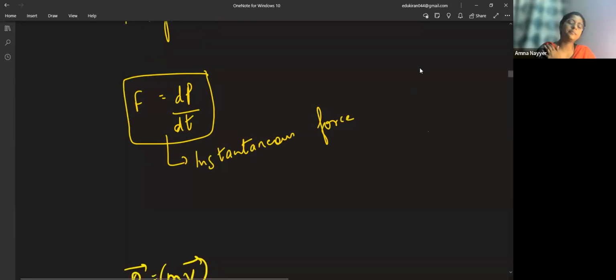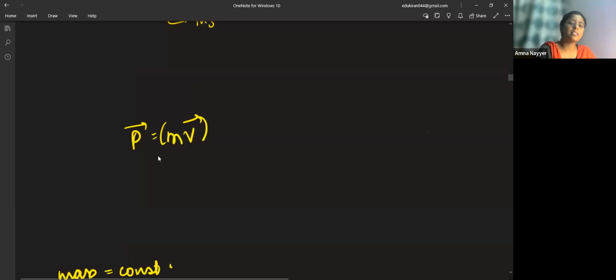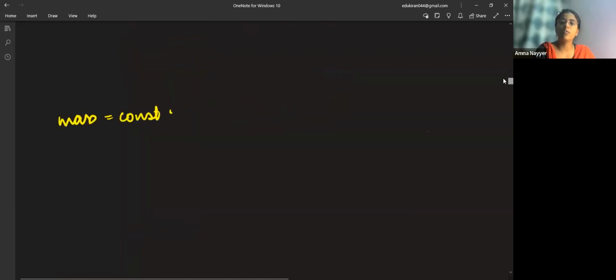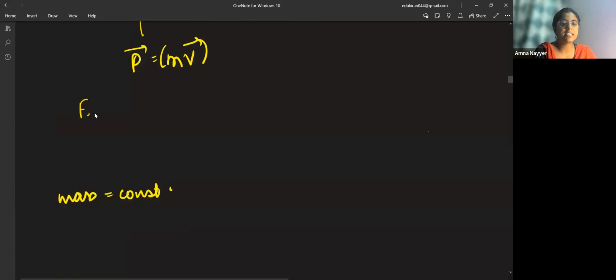Now, one thing, F is equal to dp over dt. This is the concept. We already know that momentum is mass into velocity. So if we substitute momentum as mass into velocity in this formula, what will we obtain? F external is dp over dt, so instead of momentum, I can write it as d of mass into velocity over dt.